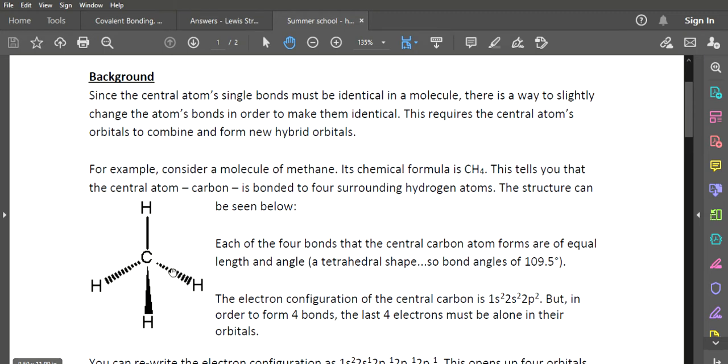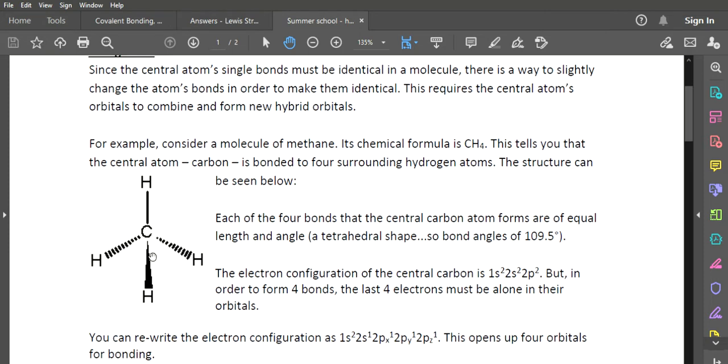However, if we were to look at quantum mechanics now and electron configuration and hone in on this carbon, we know that carbon's electron configuration is 1s2, 2s2, 2p2. In order to make a bond, and why we always said carbon has ownership of 1 electron of each bond, it needs to have half-filled orbitals in order to take its 1 electron and bond it to the 1 electron from hydrogen.